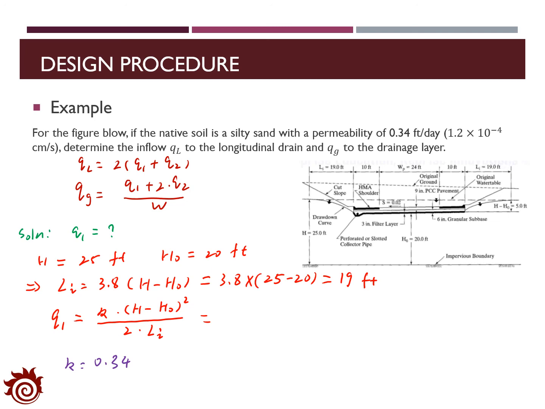That gives us 0.34 times 25 minus 20 squared over 2 times 19, and the result is 0.22 feet cubed per day per feet. So that's Q1.